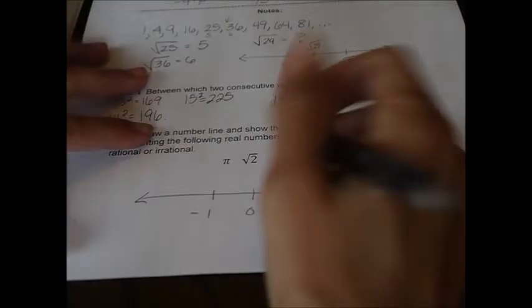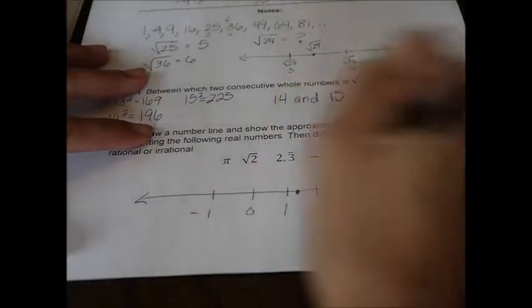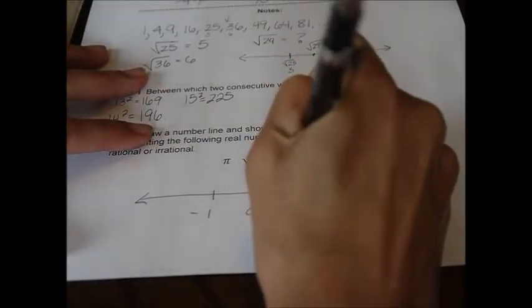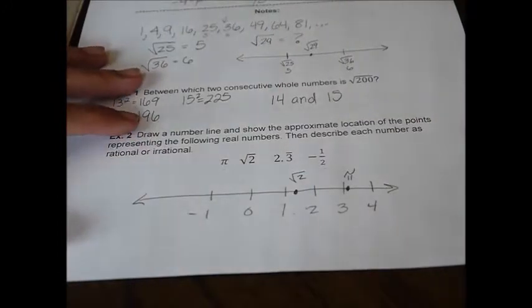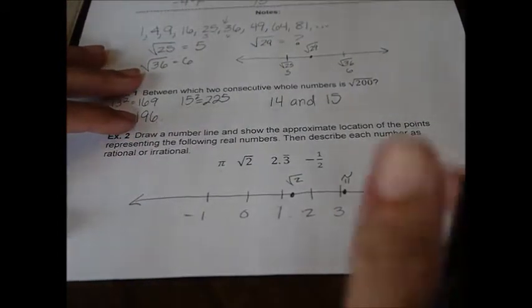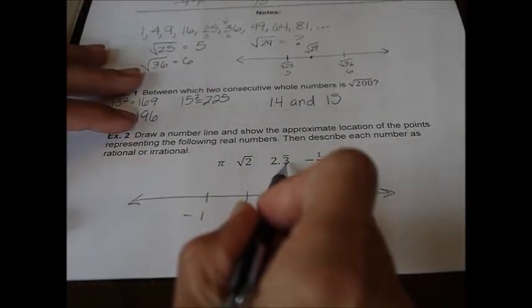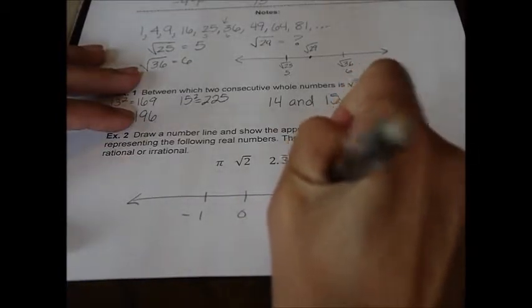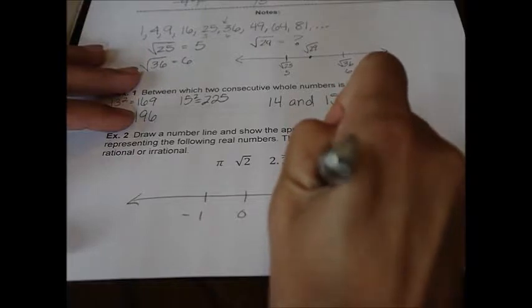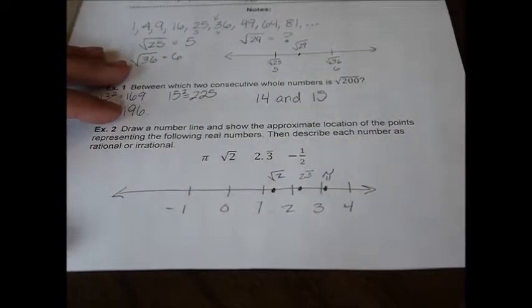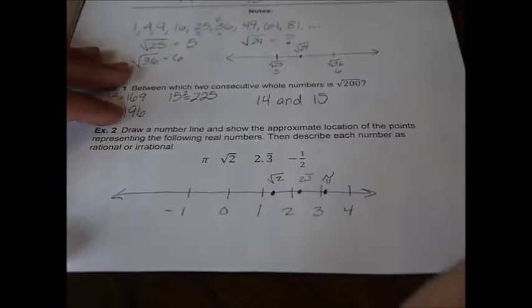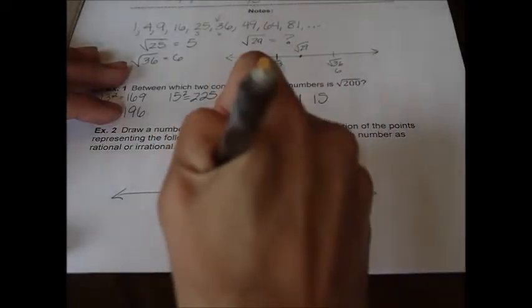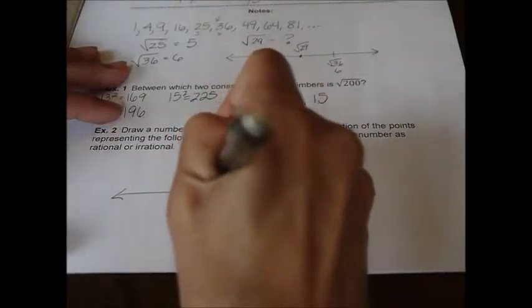And it's going to be, just go ahead and do a dot, and we're going to say square root of 2. Okay. Now 2.33333 is the same as 2 1/3, so I'm going to go about a third past 2 and write my 2.3 with the repeat bar over it. And then negative 1/2 is a nice one. It's right here.